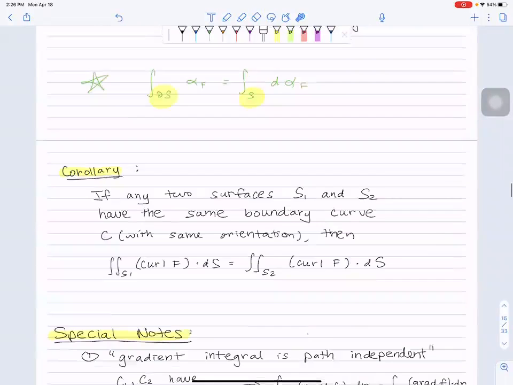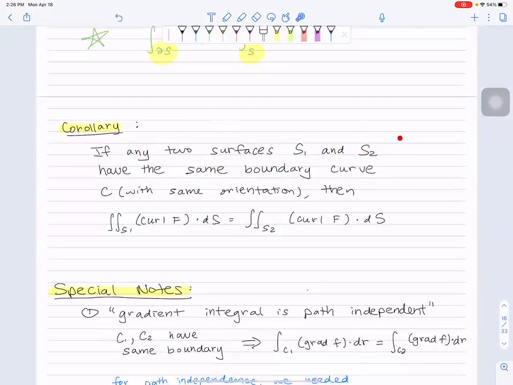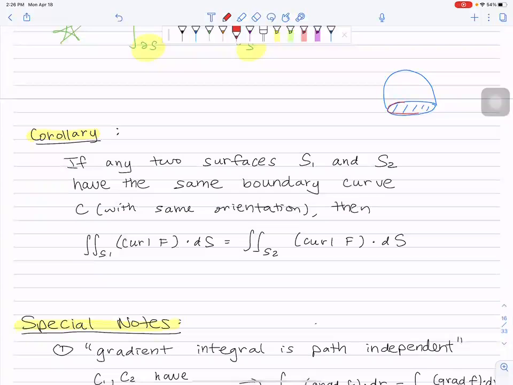Okay, and a corollary is that if we have any two surfaces with the same boundary curve, then the integral over that first surface is going to equal the integral over that second surface. What does that mean? Imagine you have some cap, and we have this red thing as our boundary.